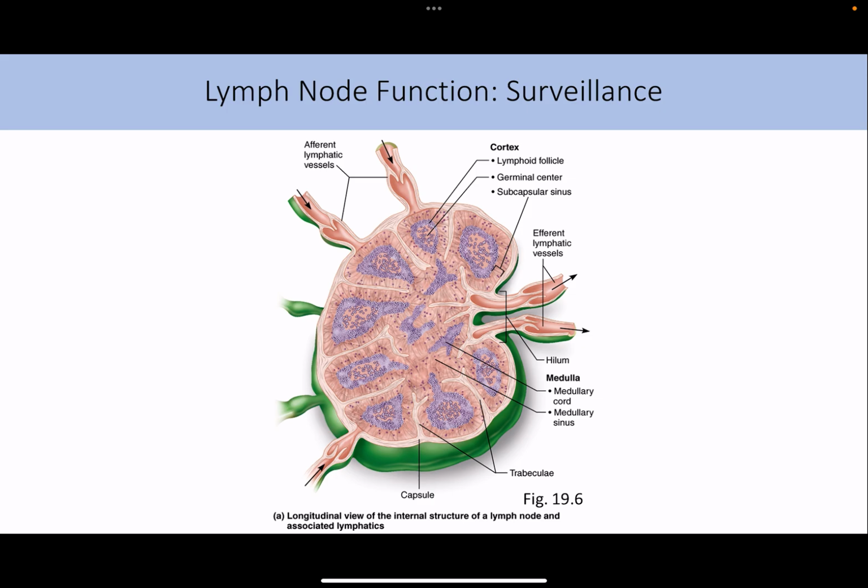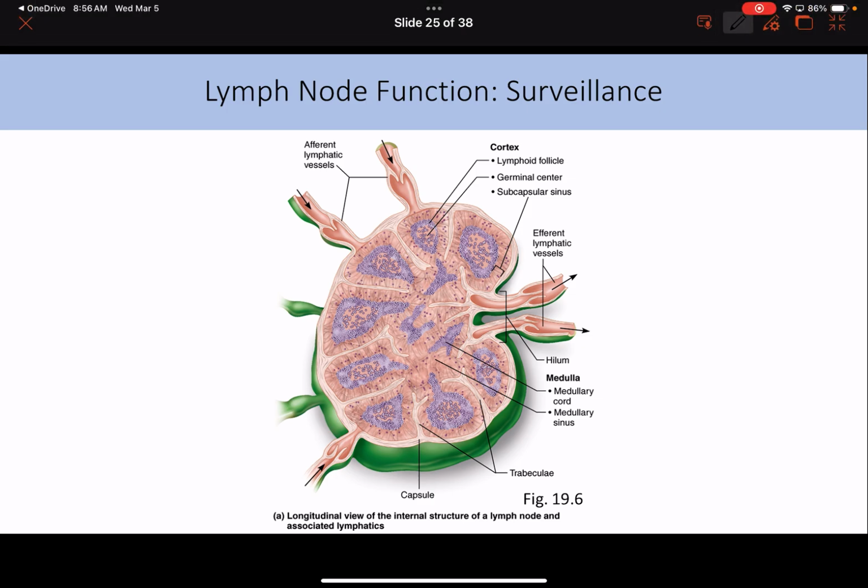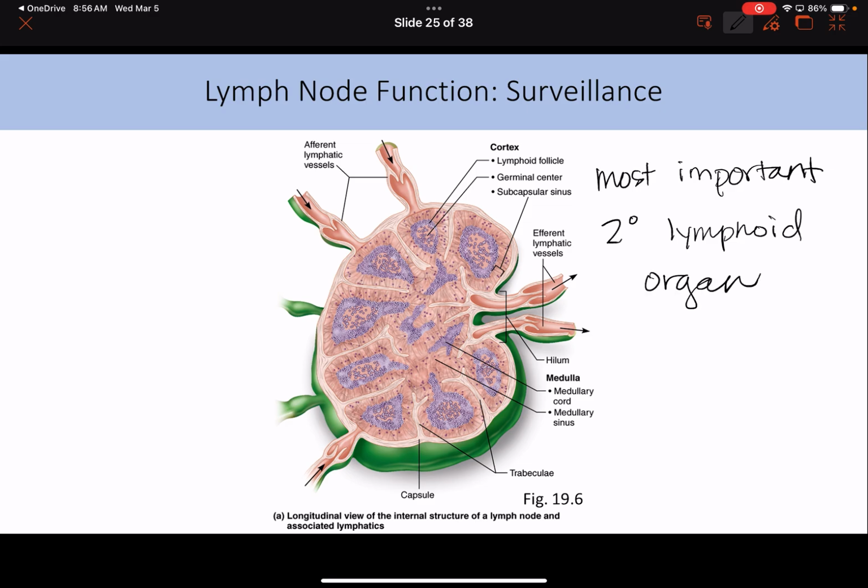So for lymph node function, make sure you know it's to survey. The main job of our lymphocytes is surveillance. One thing to know is that lymph nodes are our most important secondary lymphoid organ. This is where pathogens are most likely to be caught and destroyed.